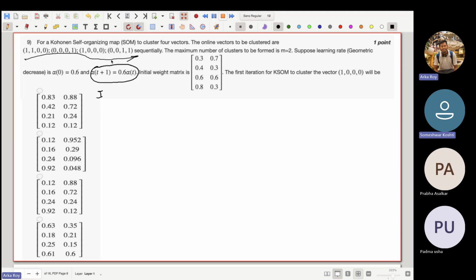The question itself is ambiguous. You are absolutely right, the question is ambiguous, but somehow the answer has matched, and many people will mark this particular thing as correct. That comes after the second vector, but that should be the incorrect option. They should have clearly mentioned that sequentially we have to input the vectors, and that you want the weight matrix after the third vector is input.